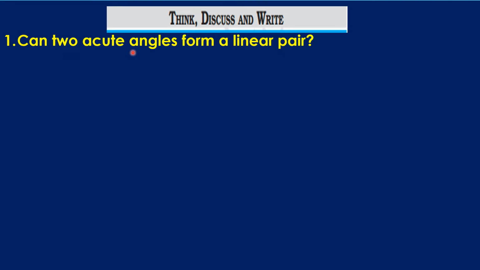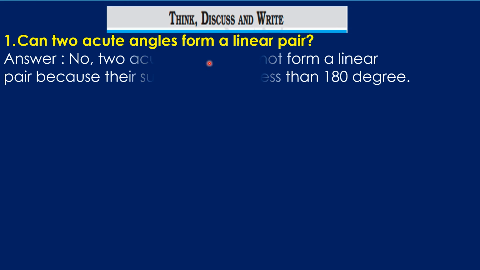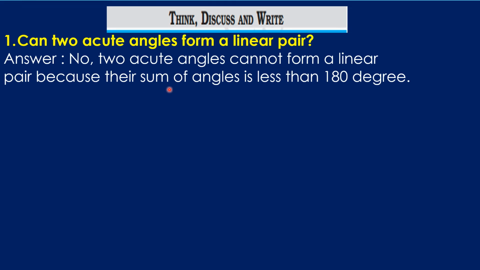Let us see a few questions which come under linear pair. The first question is, can two acute angles form a linear pair? So what is the answer? The answer is no. Two acute angles cannot form a linear pair because their sum is less than 180 degrees. One acute angle is less than 90 degrees, so when we add two acute angles, less than 90 plus less than 90, it will be less than 180.